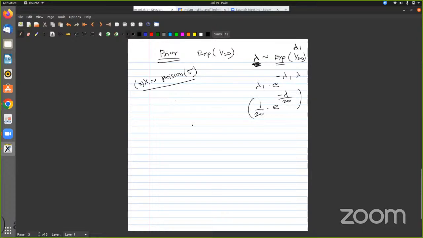So this is the distribution of the prior. Now my posterior density is directly proportional to likelihood into this prior, or prior density, right? This point is clear, right?